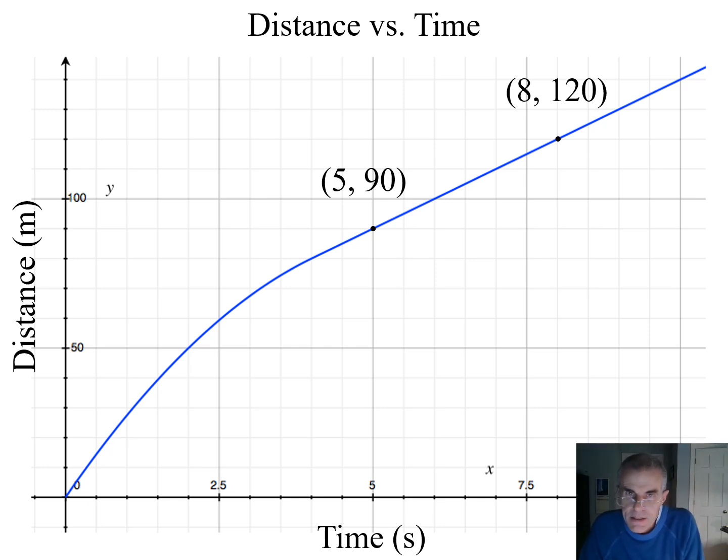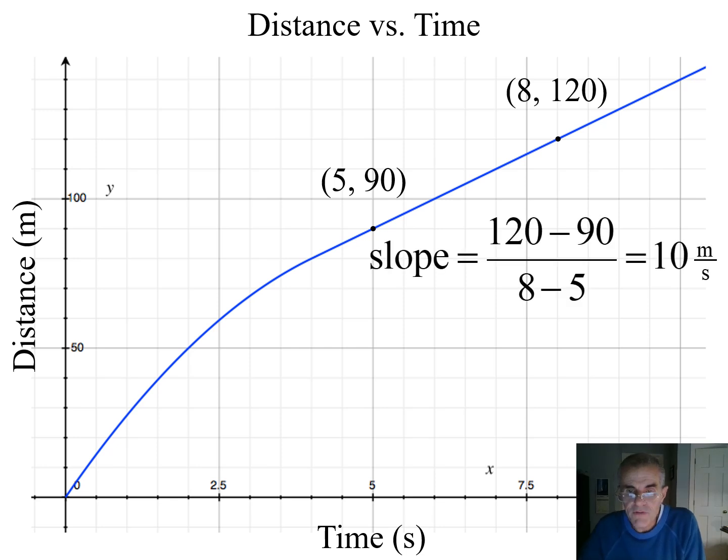At 8 seconds, the distance traveled was 120 meters. I can calculate the slope, delta y over delta x. So 120 minus 90, that would be 30 meters, divided by 8 minus 5, that would be 3 seconds. That's 30 meters divided by 3 seconds. That's 10 meters per second.